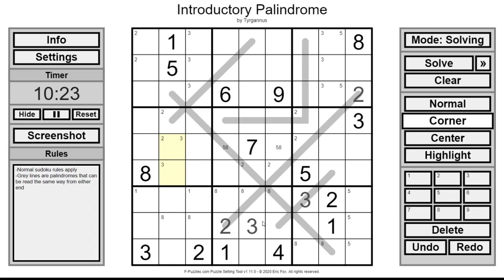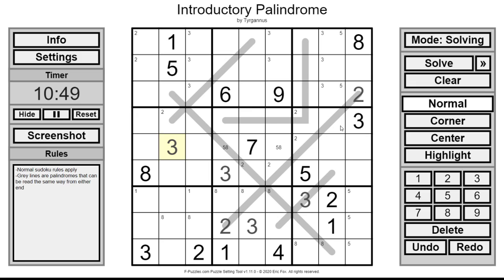Right, this 3 sees this space, and this 3 sees all those. So 3 here is now super restricted. And a 3 here would force a 3 here, which doesn't work. So this is the 3 for this square. Now that 3 is restricted. This 3 sees this space, so now that's a 3.